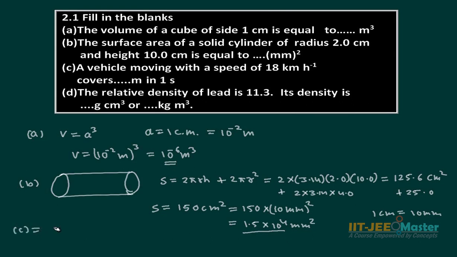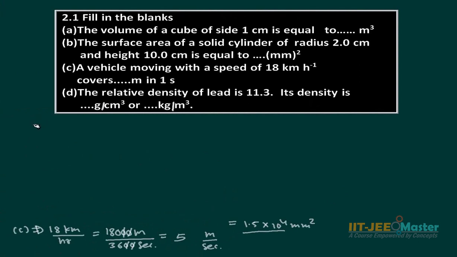So it will give us 18 km per hour. 18 km, that is 1000 meter, and 1 hour is equal to 3600 second. Now on cancellation, it will give the result in meter per second. It will be 5 meter per second. So the answer is 5 meter in 1 second.